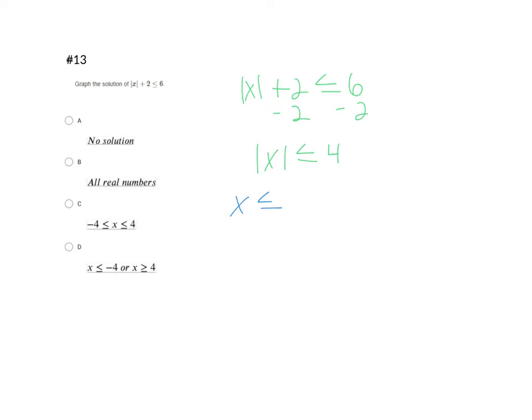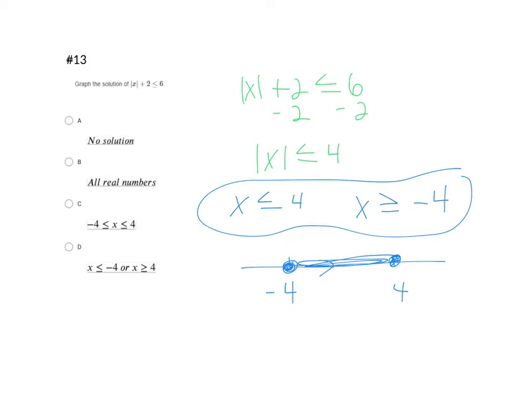X less than or equal to 4, x greater than or equal to negative 4. And I'm going to ask you to graph this. So I would have from negative 4 going to the right, from positive 4 a closed circle going to the left. So this is an AND. So once I identify that this is an AND, I have to put these inequalities together.